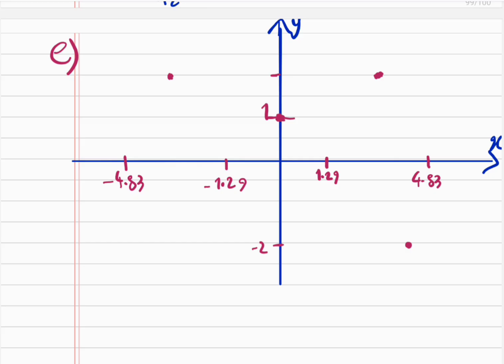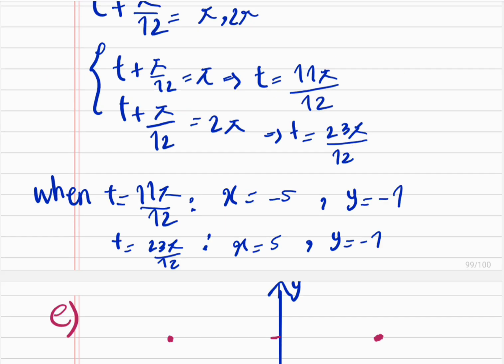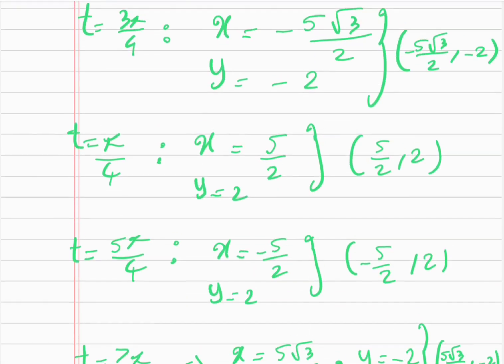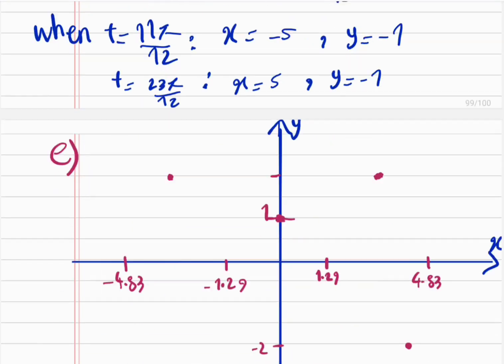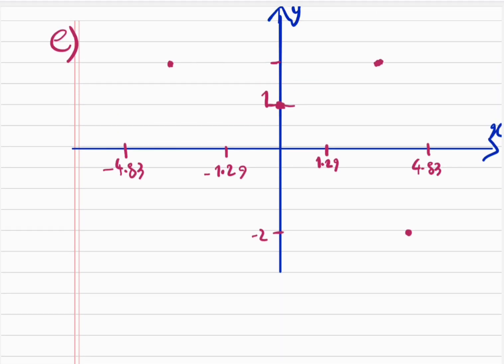Yeah, it's very close to 4.83. Then the last one is when both of them are negative: minus 5√3/2 and minus 2, and that's around here.